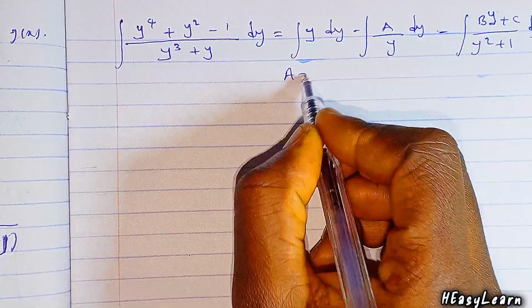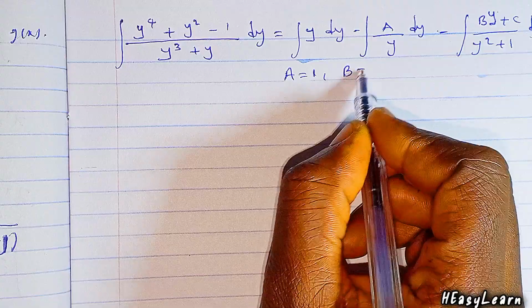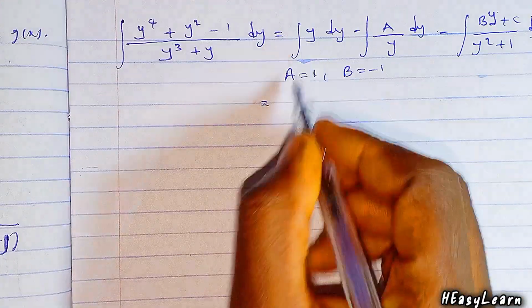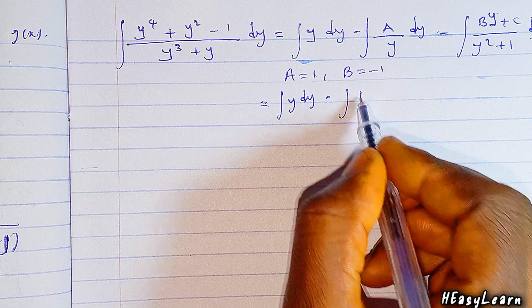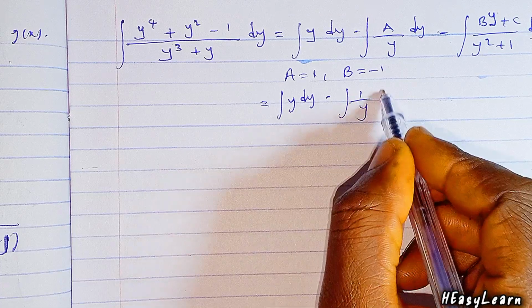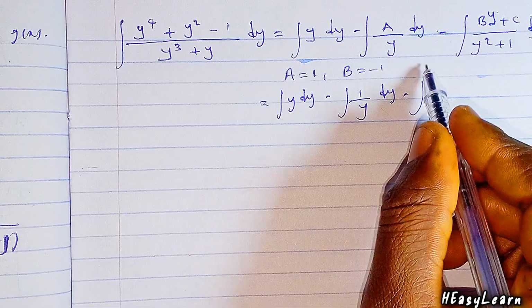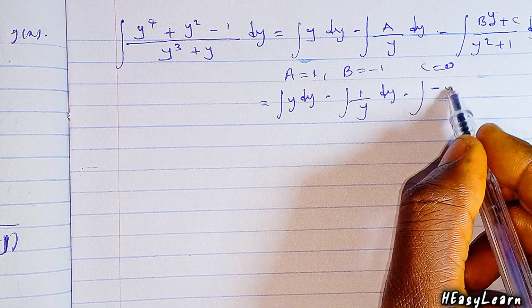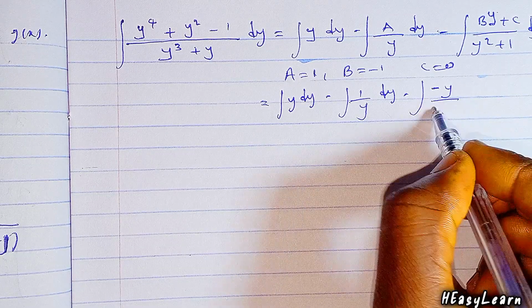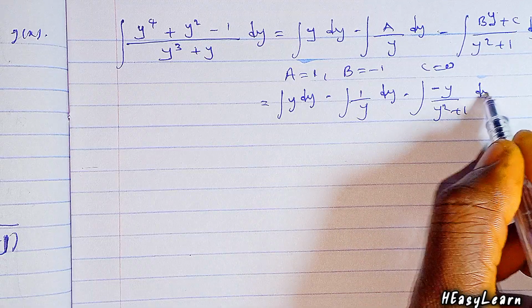So from above, a is equal to 1 and b equals minus 1. Substitute here. The integral of y dy minus the integral of 1 over y dy minus c, which is 0, times the integral of minus y over y squared plus 1 dy.